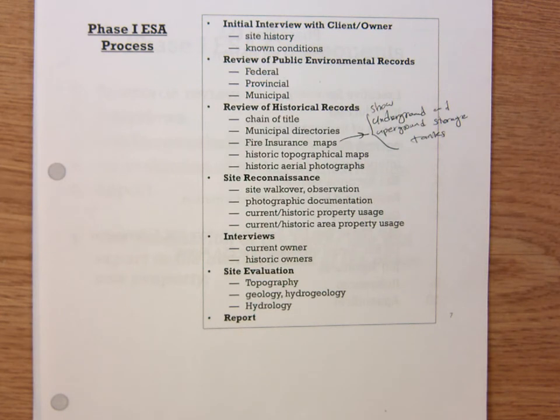The reason that you're doing this is to find out the contaminants that you're trying to observe, or the activity that you're trying to observe in the property. Is it regulated under the Environmental Act? And if it is, what are the regulations? What are the limits? When you do the phase 2 environmental site assessment, you might have to take samples and see if you are actually exceeding the limits or not.